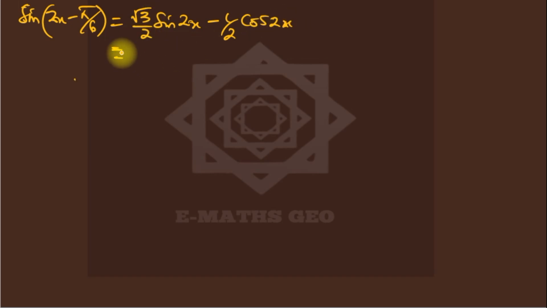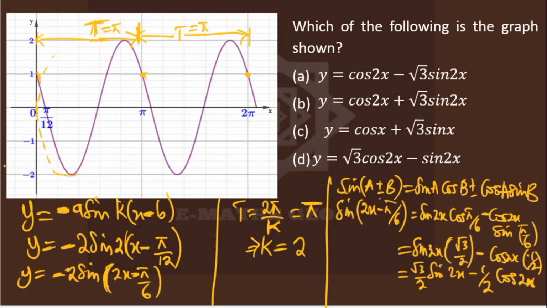So if we factor half, I have root 3 sine 2x minus cos 2x. So finally, remember, our main aim is to check if any of them is this.